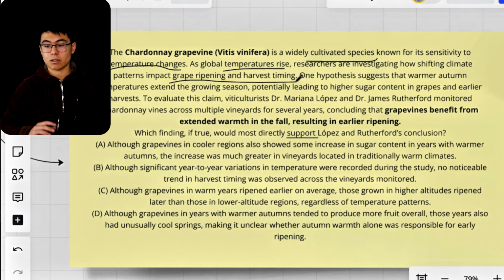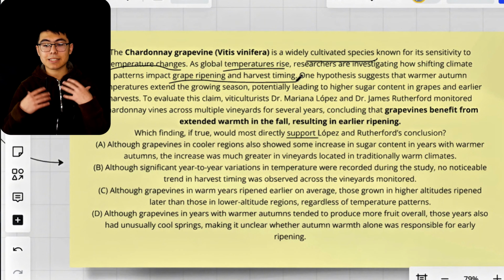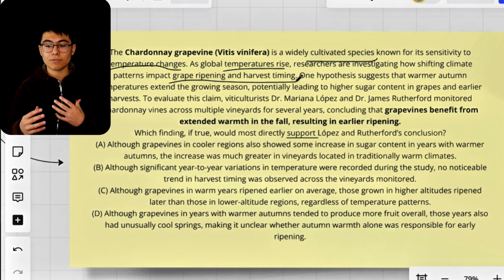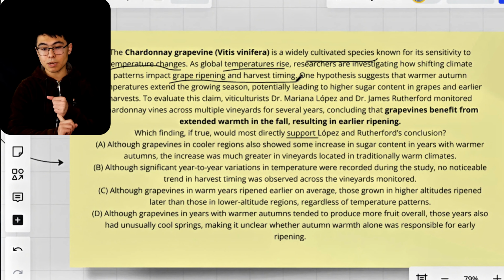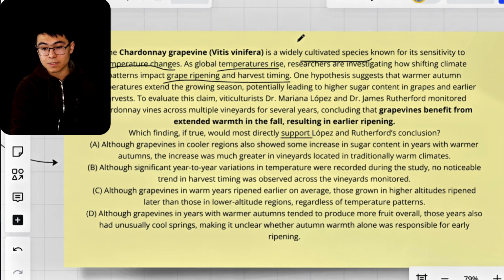So they're researching how climate change could affect two things. First one, grape ripening and harvest time. The second one, one hypothesis suggests that warmer autumn temperatures extend the growing season, potentially leading to higher sugar content in grapes and earlier harvest. To evaluate this claim, here we have viticulturists.